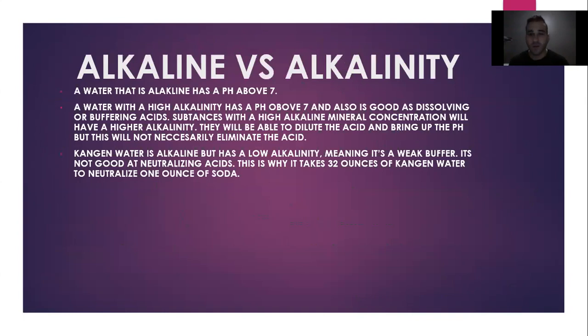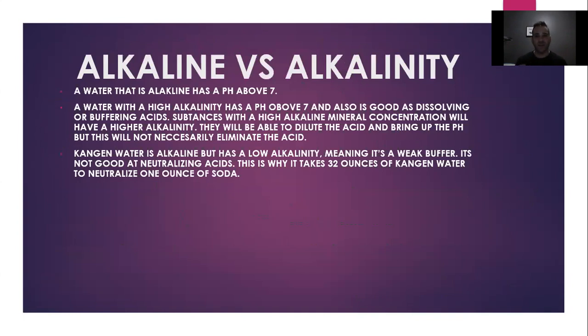With Kangen water, we're not adding any minerals to the water. The only alkaline minerals in the Kangen water are the same ones that were already in your tap water. So from a mineral perspective, that's not what's really making the water alkaline.